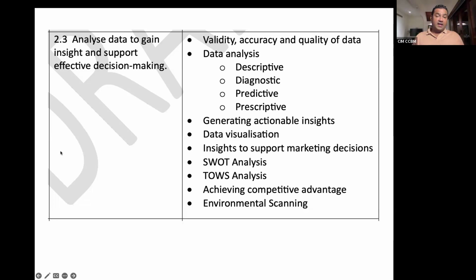And finally, the last few areas would be, how do you undertake a SWOT analysis? SWOT analysis means strengths and weaknesses of the organization, which are internal to the organization, and opportunities and threats, which are external to the organization. The SWOT analysis is the most fundamental tool in marketing, and you are going to enjoy it.